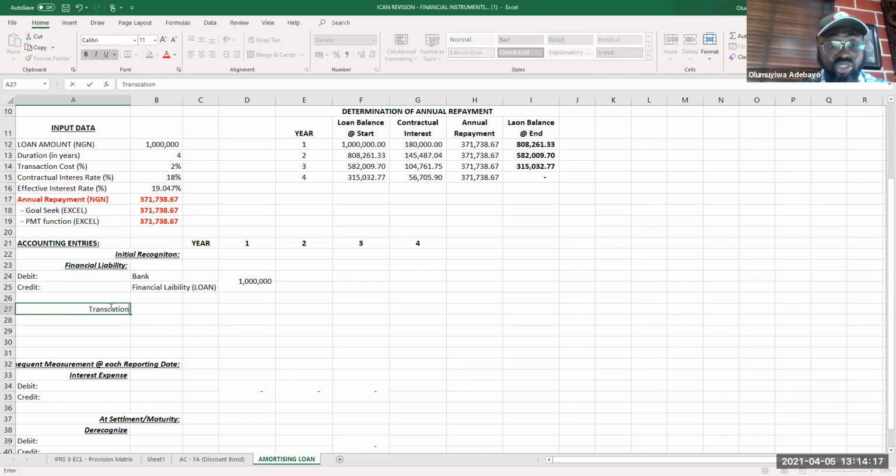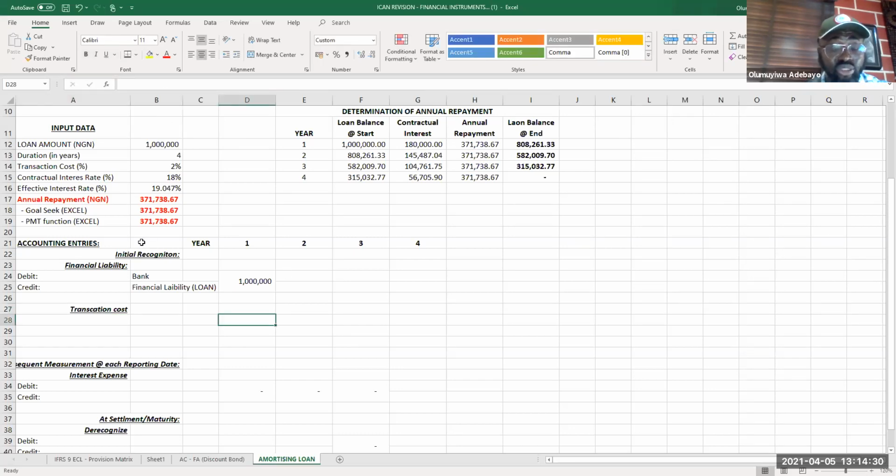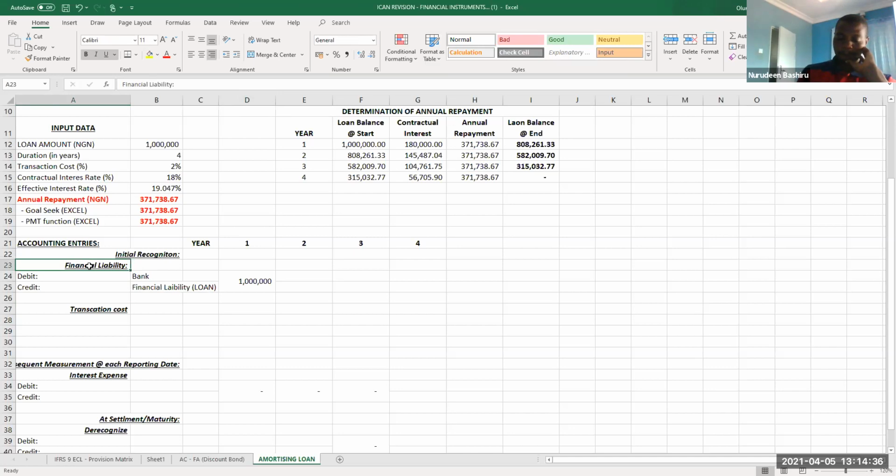Who can tell me how we should treat transaction cost on this loan? What is the requirement of IFRS 9 with respect to transaction cost? It said we should deduct it from the initial cash flow. Have we first of all classified this financial liability before you say that?